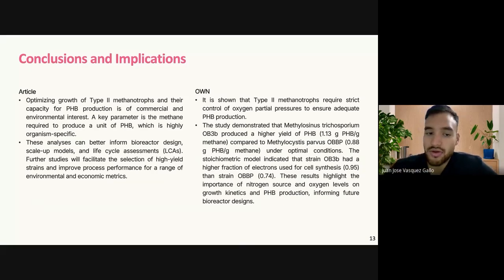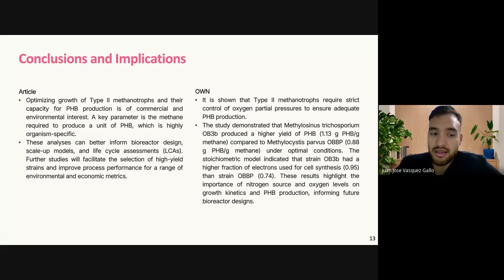And for our own conclusions, it is shown that type 2 methanotrophs require strict control of oxygen partial pressure to ensure adequate PHB production, as we saw in the graphs and tables. To be more specific, the study demonstrated that Methylosinus trichosporium, the OB3B, produces a higher yield, where yield is the production per hour of PHB.